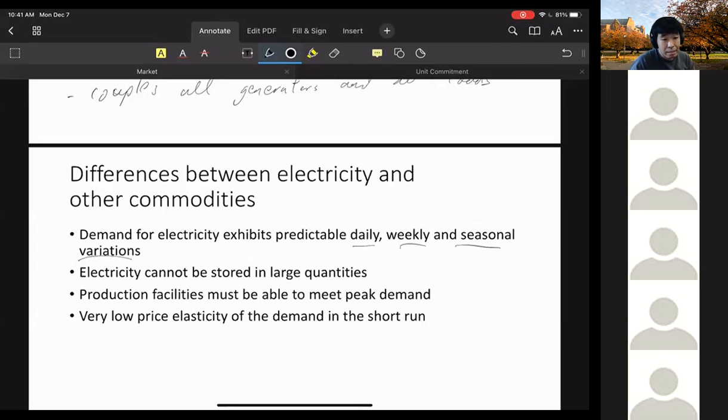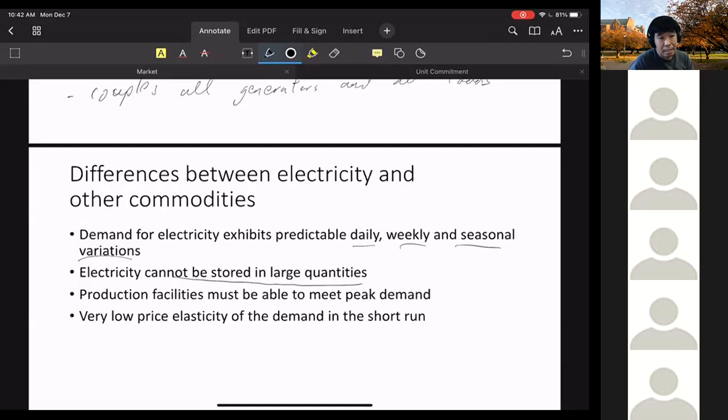The issue is there's no easy storage. We cannot store things in large quantities. For example, for this class, we have a lecture, but this lecture is uploaded onto YouTube, and that's a form of storage you can look at later if you want.